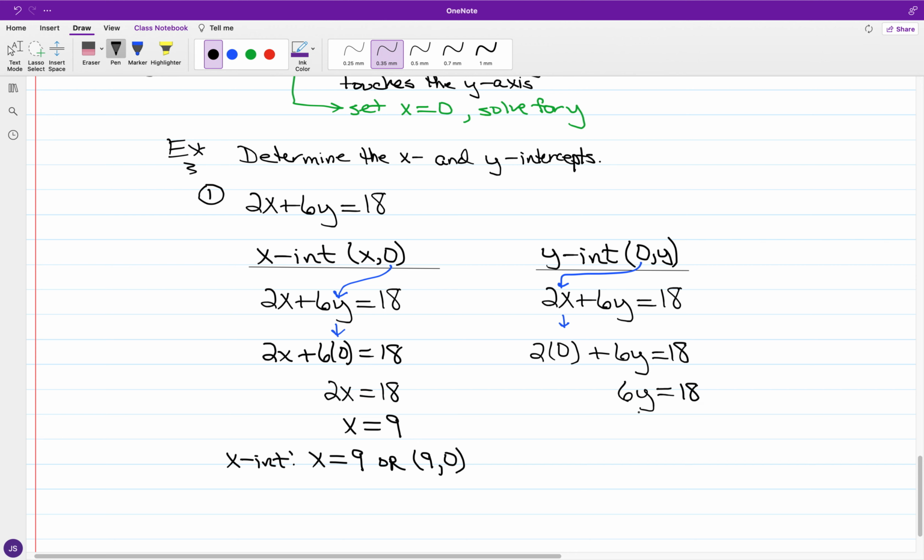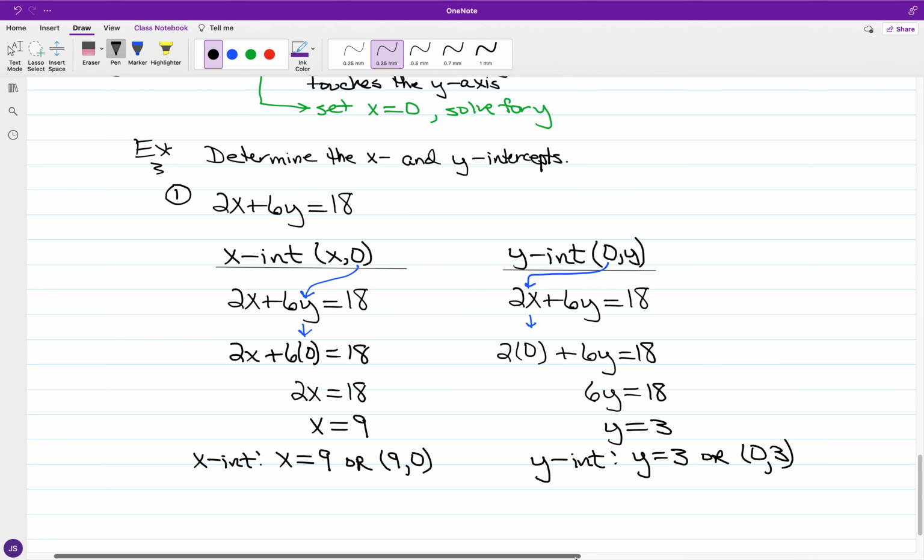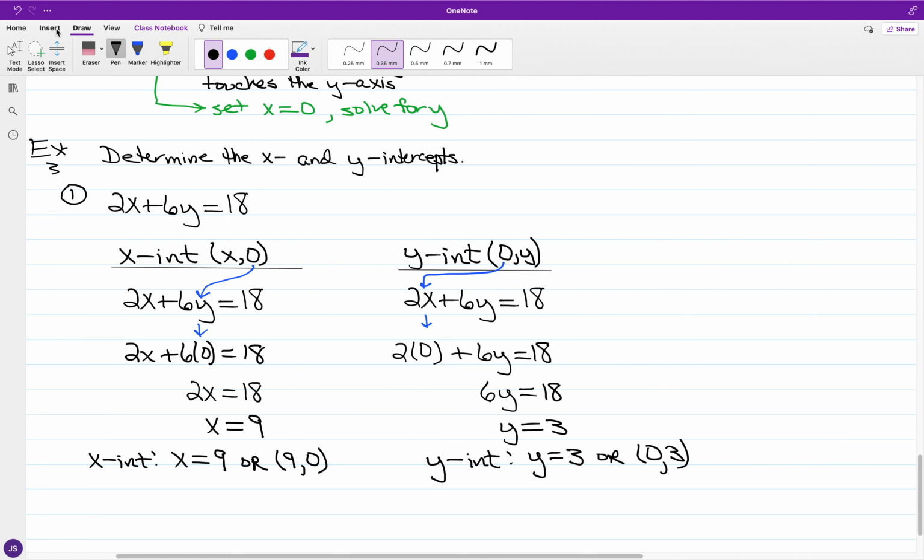And 6 will go completely into 18, so y is equal to 3. For the y-intercept, we can say y is equal to 3, or as an ordered pair, 0, 3.